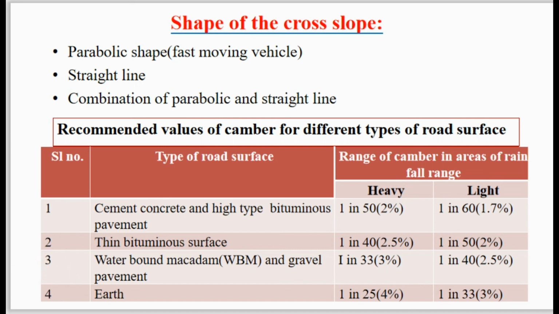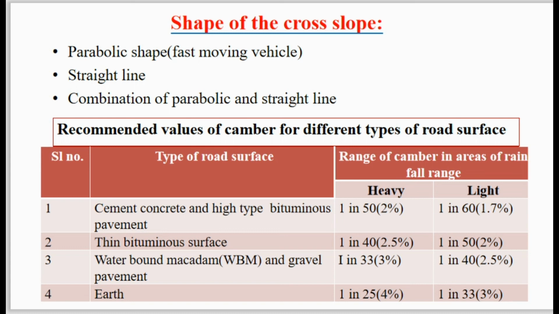Third is the water bound macadam or the gravel pavement. In this case, for the heavy rainfall range, the camber will be 1 in 33 or 3%, and for the light it will be 1 in 40 or 2.5%. Lastly, for the earthen roads, the camber provision will be 1 in 25 or 4%, and 1 in 33 or 3%.